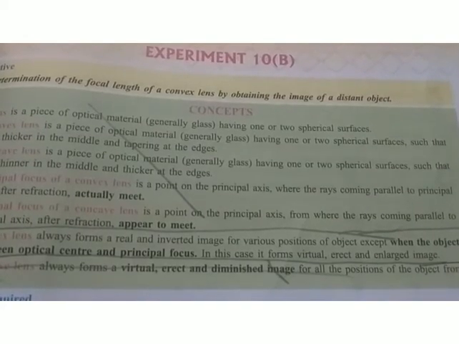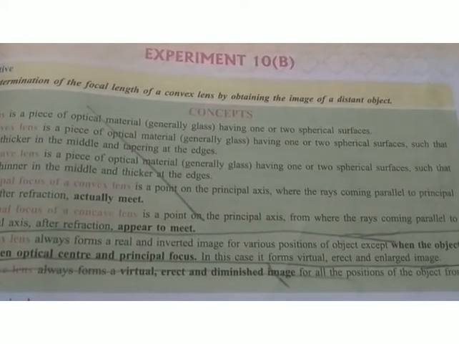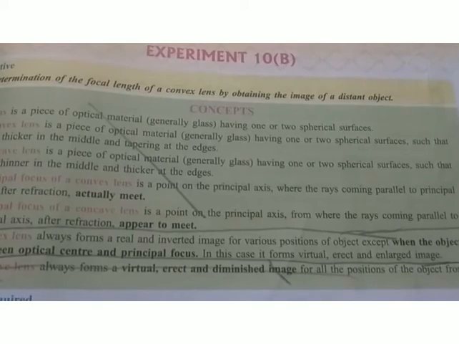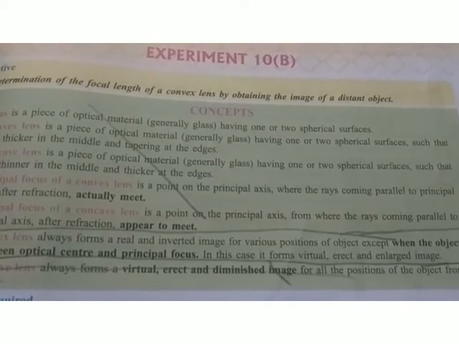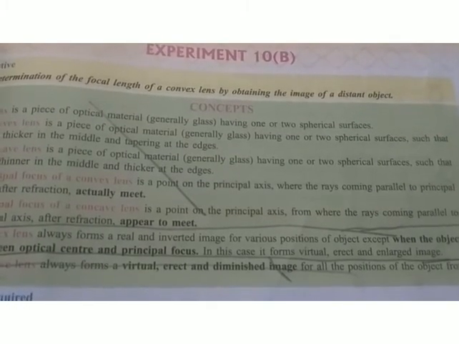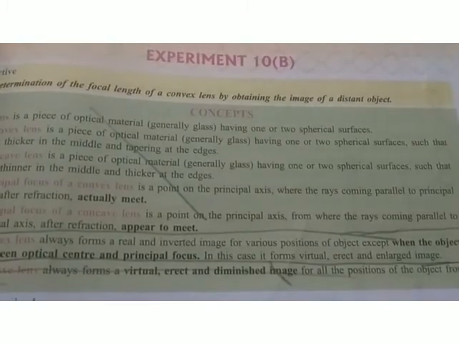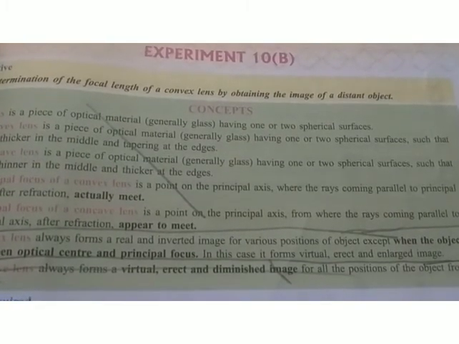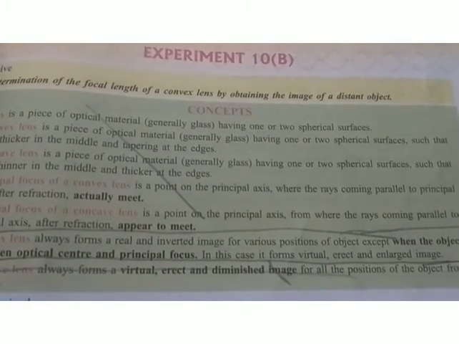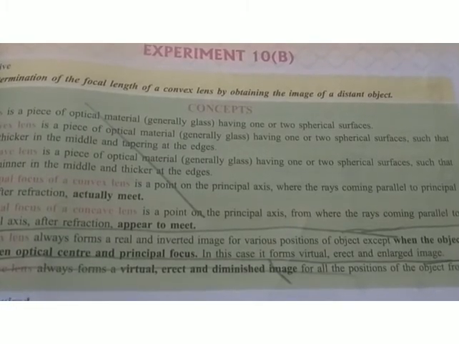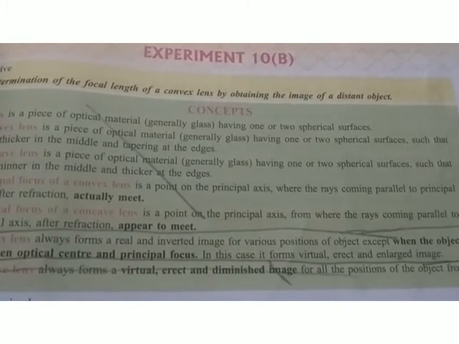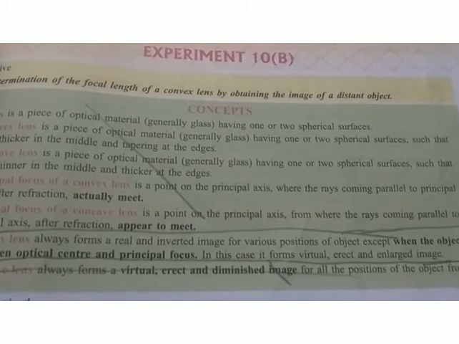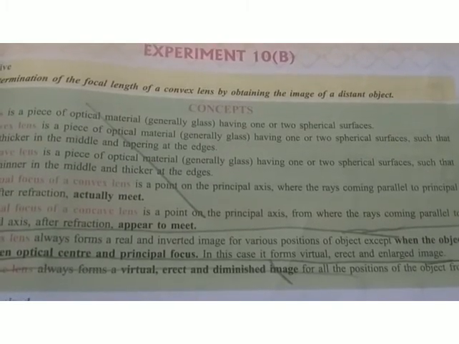So the distance between the image or the screen and the convex lens will be the focal length of the convex lens. Similarly, in the case of concave mirror also, you are obtaining image by focusing the concave mirror at a distant object, maybe a tall tree or something like that, and you will get an inverted image of that tree on your screen, which is kept in front of the mirror.